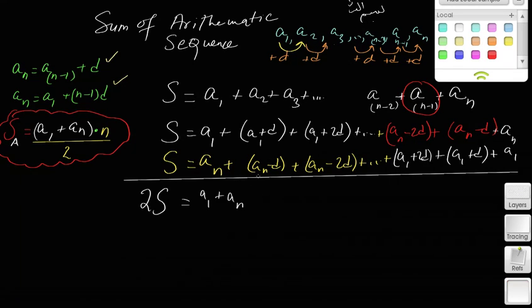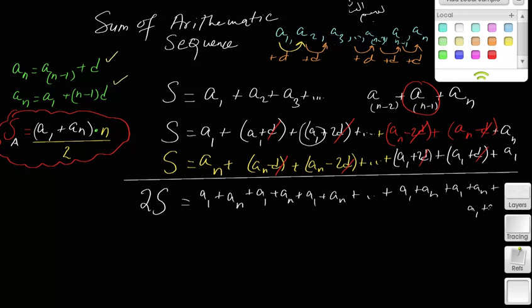So all I'm going to have left is all these a1s and a-n's. This a1 and this a-n, because this cancels out, this cancels out, this cancels out. And then over here, I'm just going to write them as a1 plus a-n, plus a1 plus a-n, and then finally in the last one, a1 plus a-n.